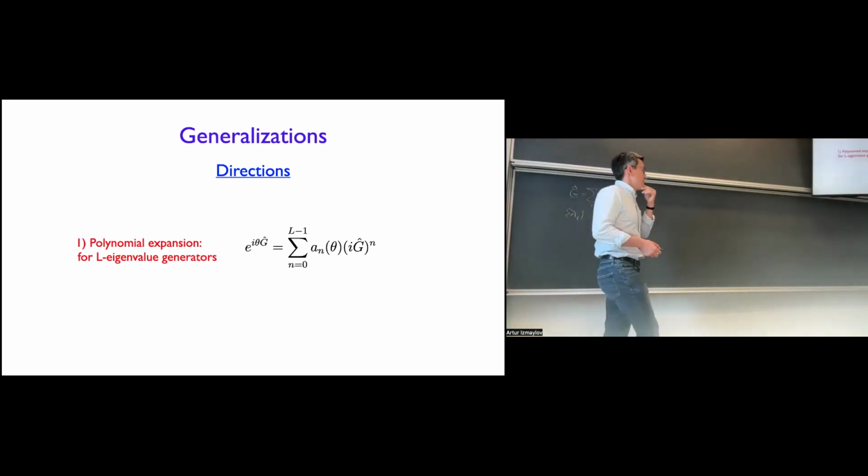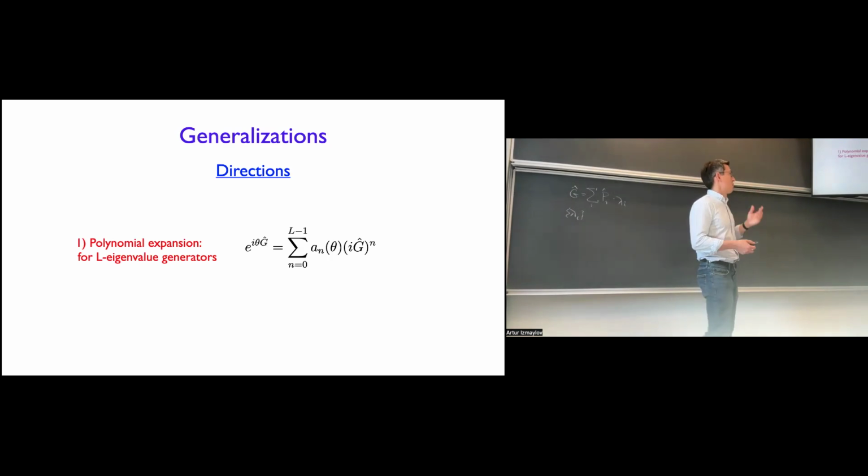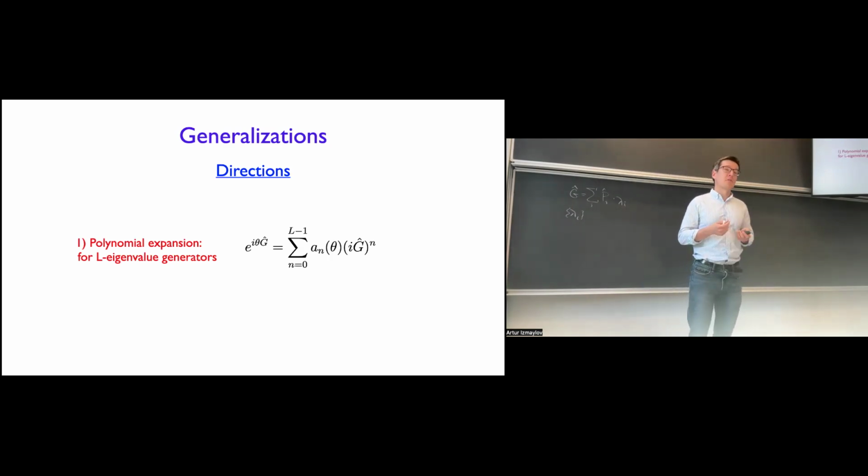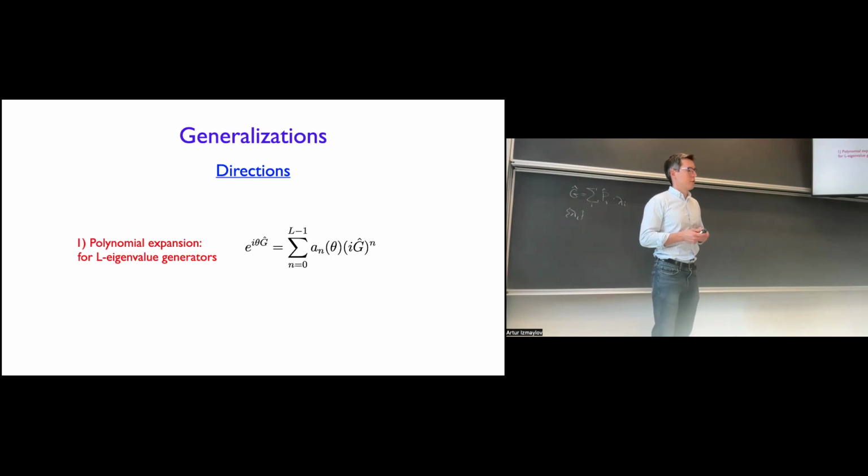One is, as I was explaining, that these gradient formulas are like formulas for the differentiation of functions that we do in numerical analysis on a classical computer. And the numerical finite difference formulas are always exact for finite degree polynomials.